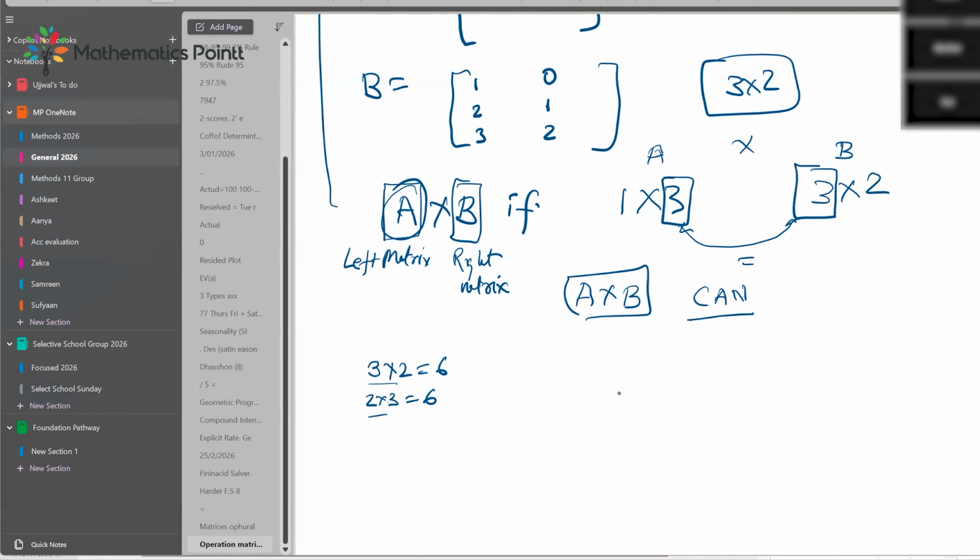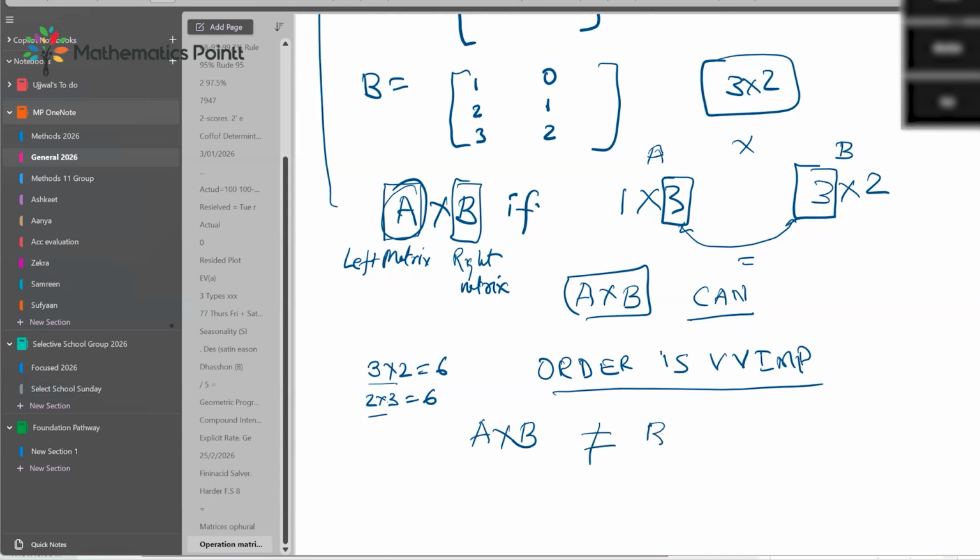But in the world of matrices, order is very, very important, which essentially means that A cross B is not equal to B cross A. And we will understand this later down the track, once we have understood the matrix product itself.